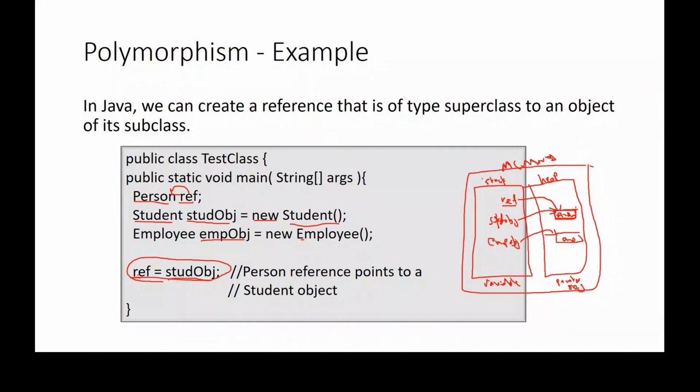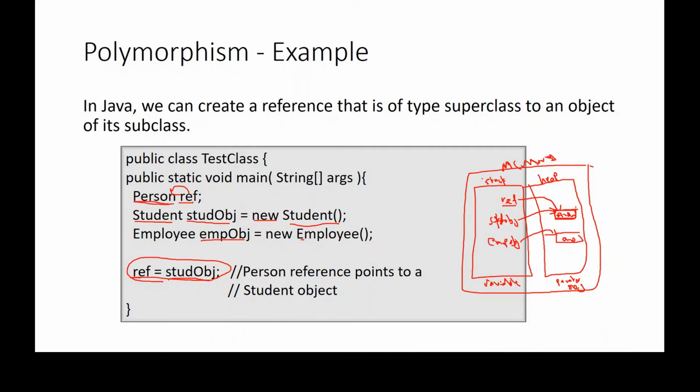That should be fine. But if there's an extra method inside Student, the reference will not be able to use it. It only uses what is inherited from Person. The reference is pointing to the Student, but it can only use the things inherited from Person itself.